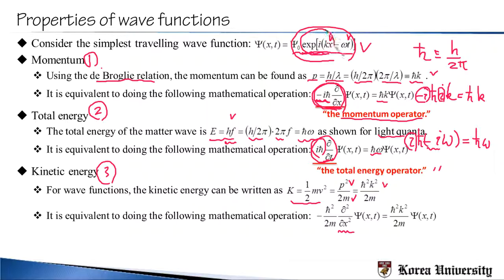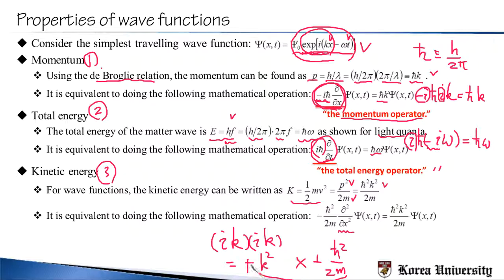If you take the derivative with the position here, one time ik will come out, and if you do it twice, another ik will come out, and the exponential will not change. So what you get is minus k squared. You then multiply it by minus h bar squared over 2m, then the minus will disappear.